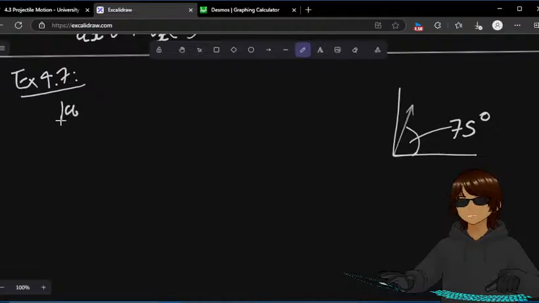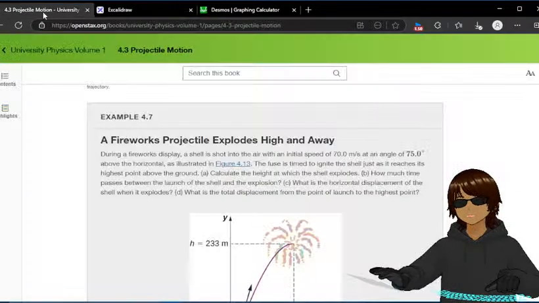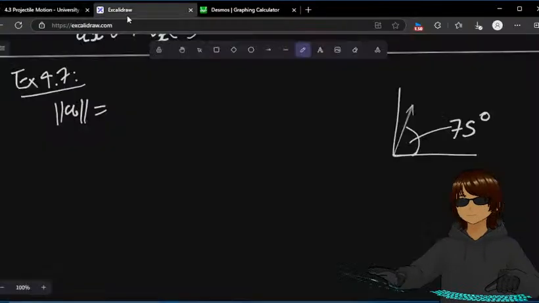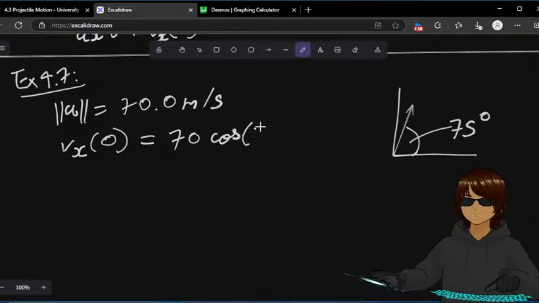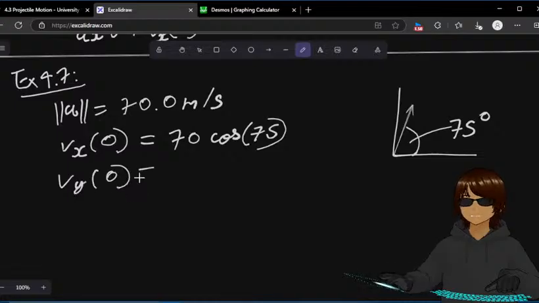The initial velocity is 70 meters per second. So Vx is 70 cos 75, and Vy is 70 sine 75.